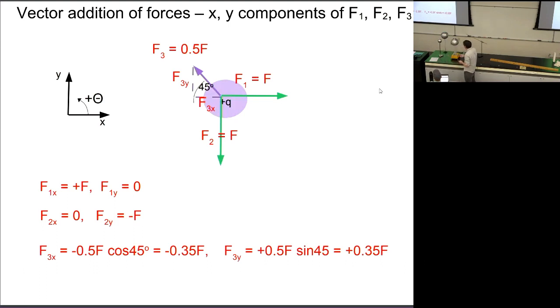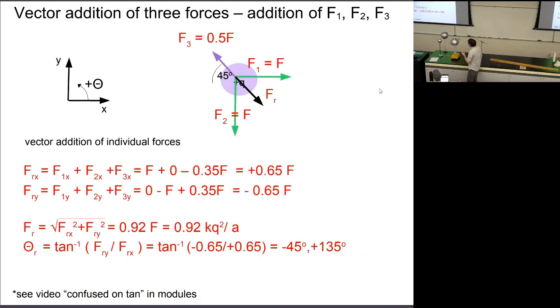Once you've got the three forces in component form, it's easy to add them up to get the resulting force. I called that F subscript Rx. That's the x component of the resulting force. This is F subscript Ry. This is the y component of the resulting force.